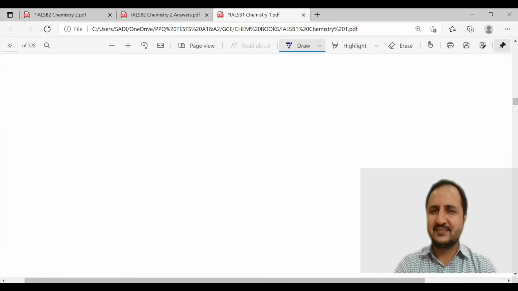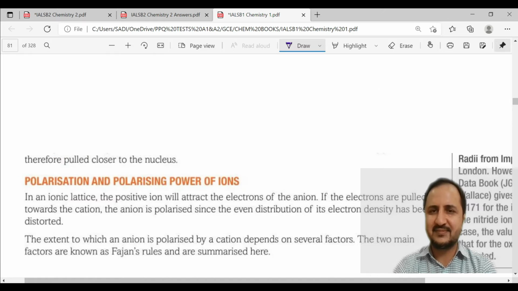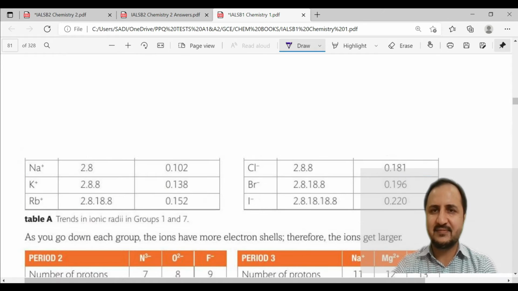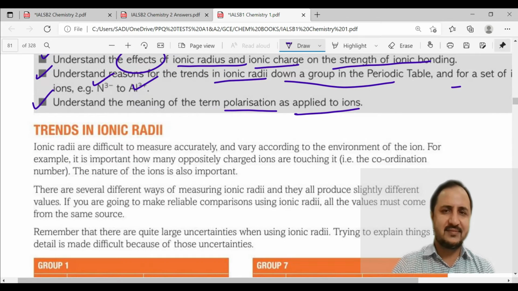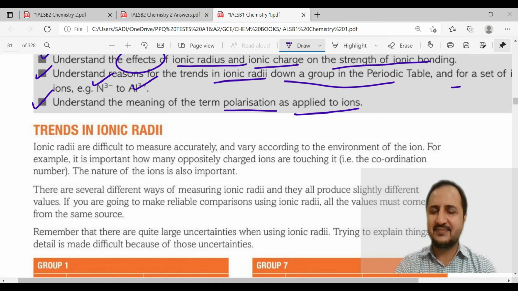First of all, let's move to that part once again. Can we measure the ionic radius? This is the question. It's very difficult to measure the ionic radius, and the reason is that it depends on the environment in which the ion is.